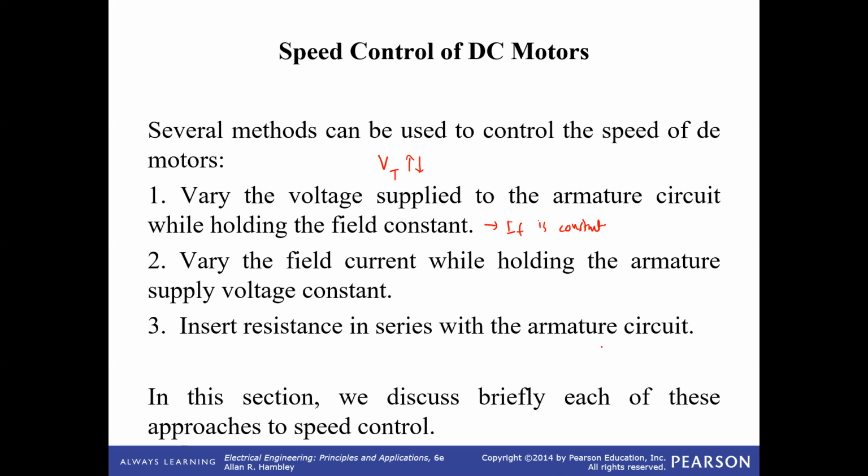The second method is to vary the field current while holding the armature supply voltage, which is IF increase or decrease, but maintain VT constant. And the third one is to insert resistance in series with the armature circuit.